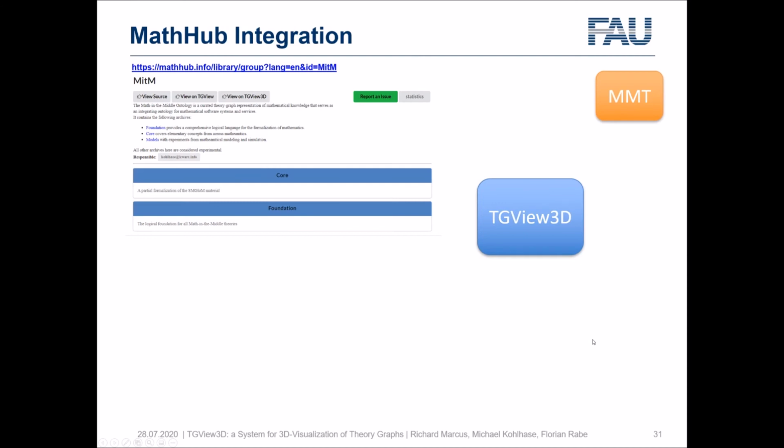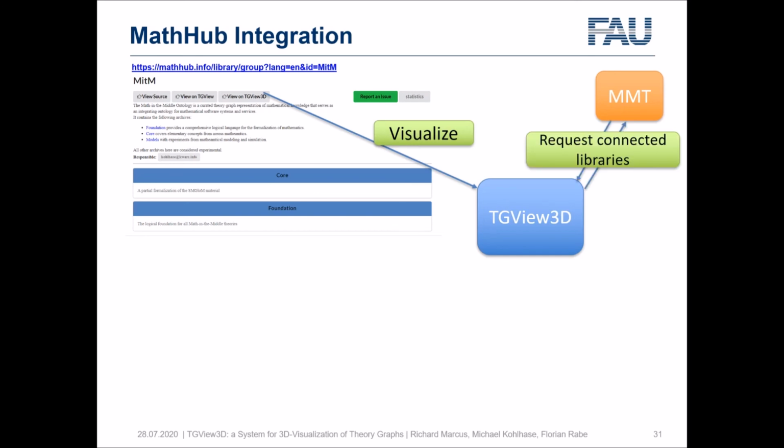So until now we only operated on the theory level and with their relations. With the MathHub integration we can now do something better. Just press a button, and we can jump into the TGView visualizations and even request other libraries from MMT.